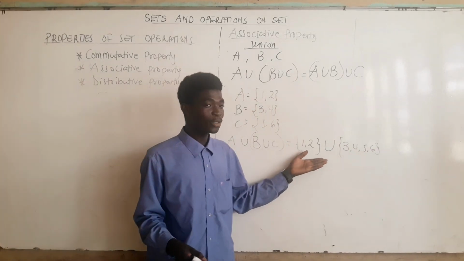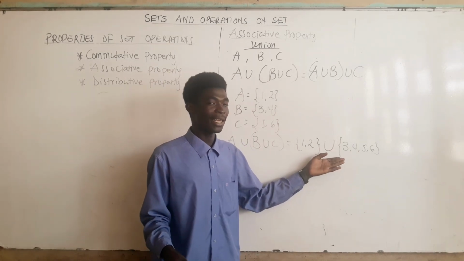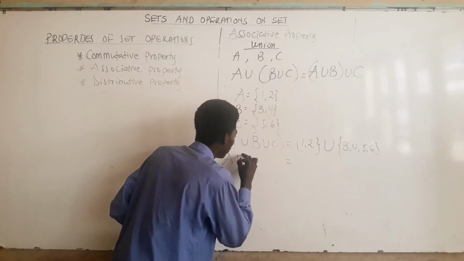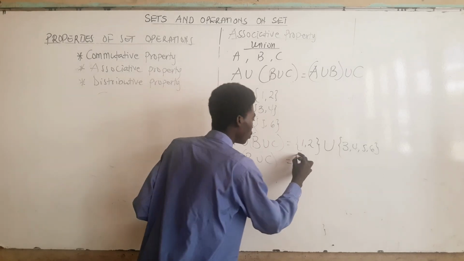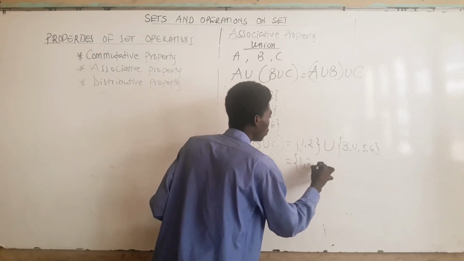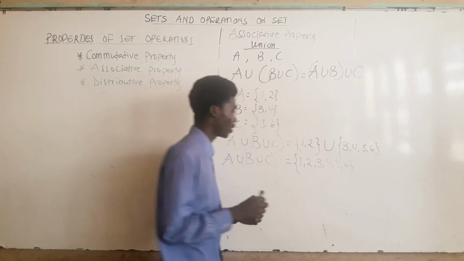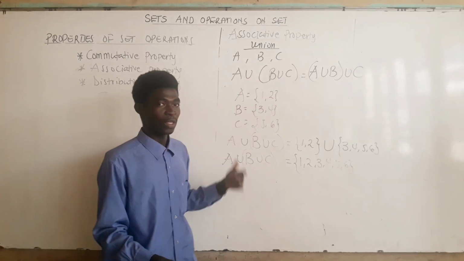Now we have these 2 sets here, so we bring them together because of the operation, which is union. So A union (B union C) will be equal to 1, 2, 3, 4, 5, and 6. So now we have the result for the first one.